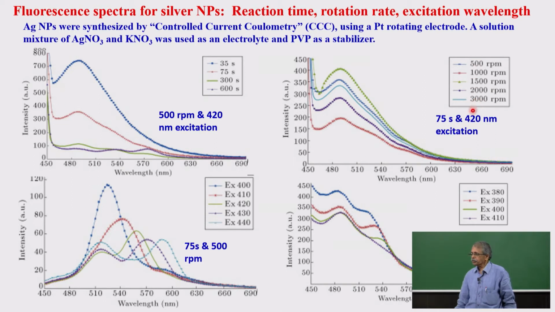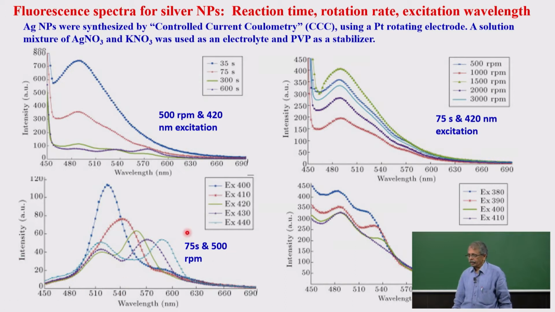That means a six-fold increase in the rotation. You have the highest emission at 1500. When you go beyond that it is lowered, and below that it is lower. So you can identify from this plot what is the optimal rotation required. Here you can find out what is the optimal reaction time required. All of these kinds of things.